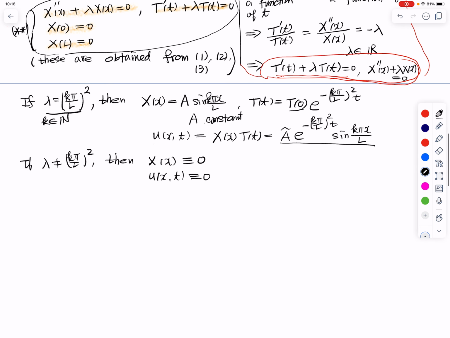So finally, from here, we obtain a solution. Actually, solutions. There are many solutions.